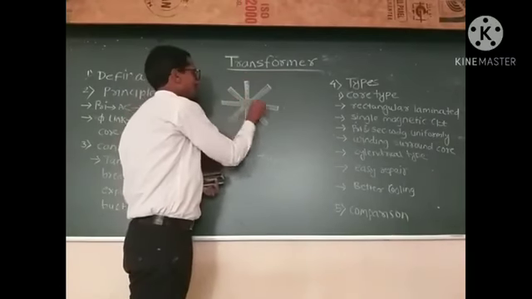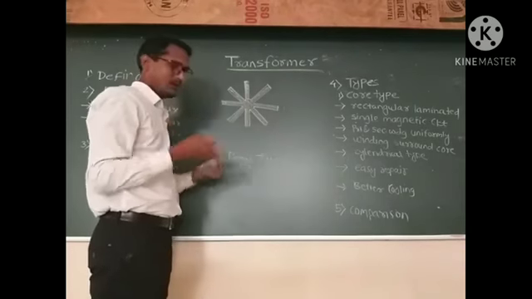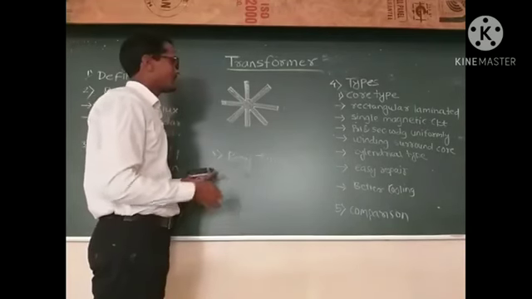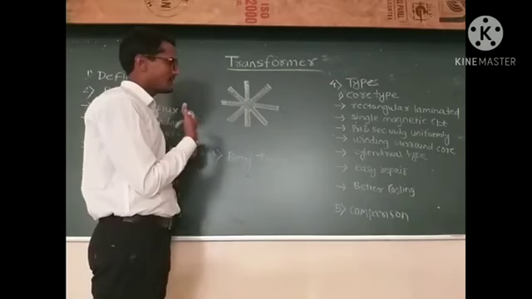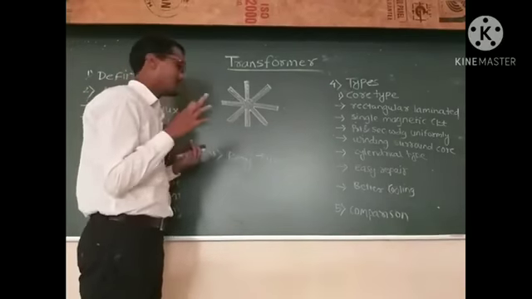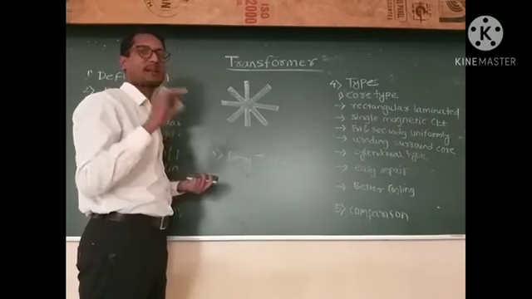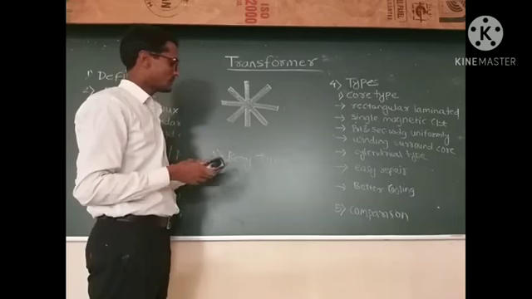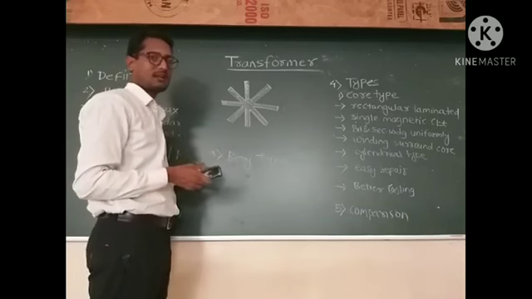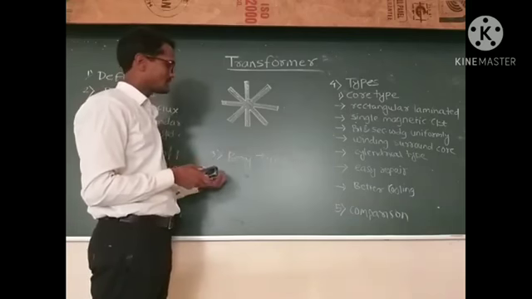Multi-magnetic circuits are present, and the whole assembly is fitted in a cylindrical tank. Here multi-magnetic circuits, multi-yokes, multi-limbs are present, but this type of transformer is rarely used. So it is not involved in our syllabus, because this type of transformer is very rare.